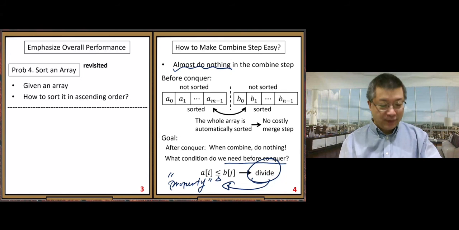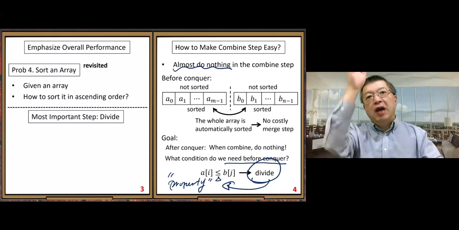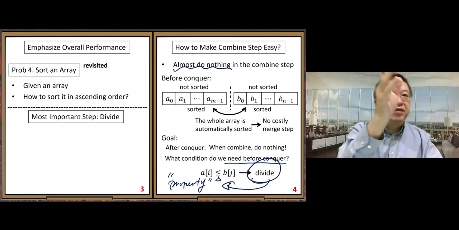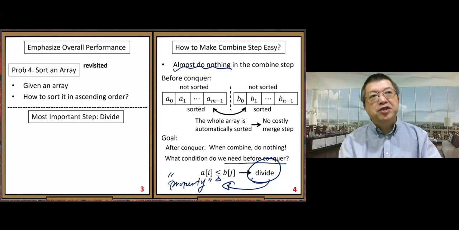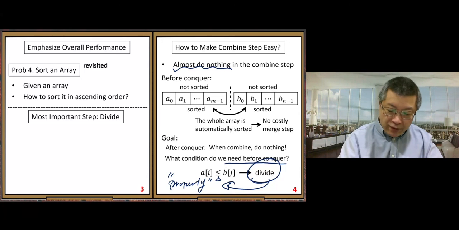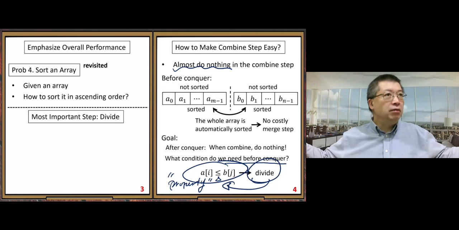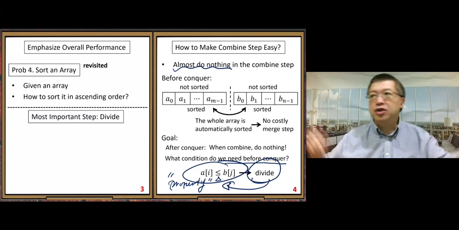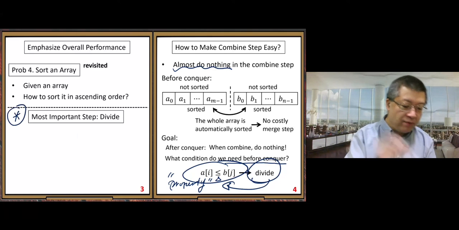Next, let's investigate our most important step, the divide step. If we can implement this divide step with this special property, then we're done, right? The whole problem is solved. So you can see that is the key step.